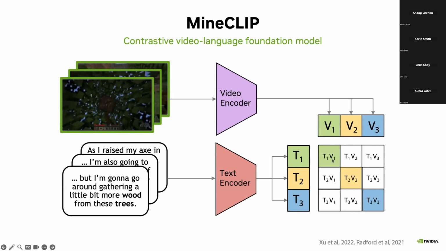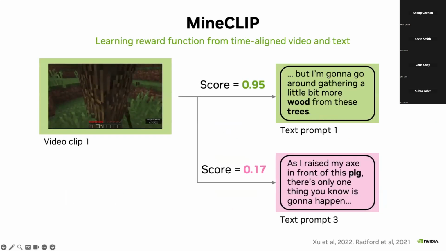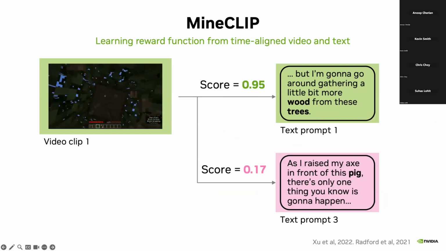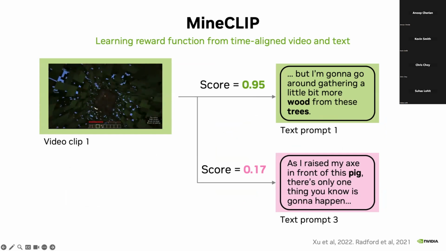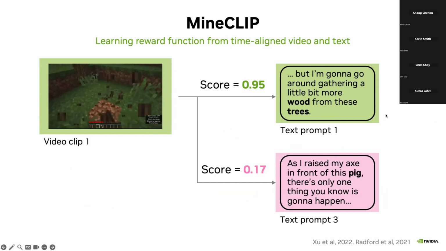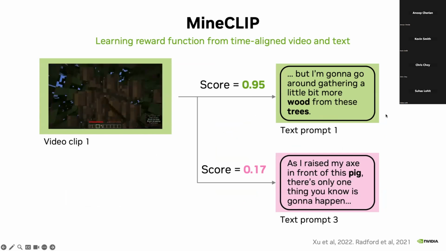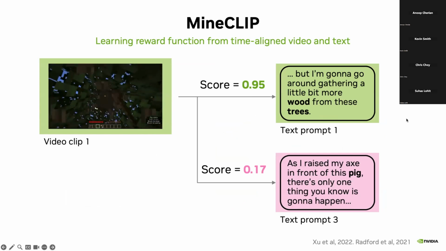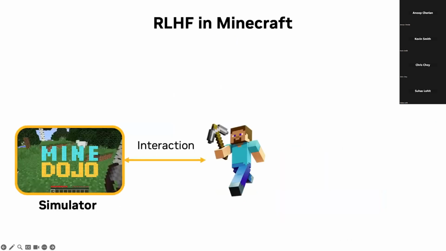Then we try to make the time-aligned data pair to be 1, and the rest of them to be 0. And intuitively, MineClip learns the association, and evaluates how good the alignment between the transcript and video are. And we can use this as an evaluation network or a reward function for an action.